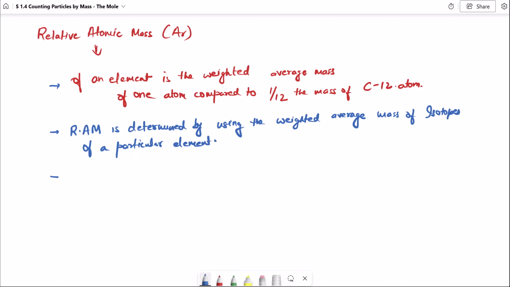Right? Now, is there any unit? So it's no. There is no unit of the relative atomic mass, because it's a ratio. So ratio means it gets cancelled out.